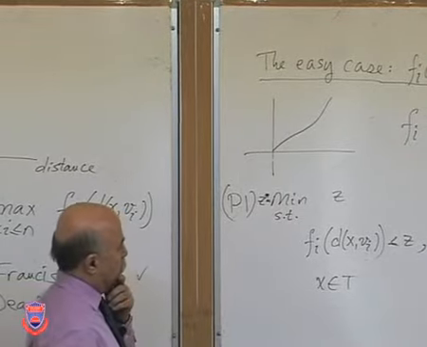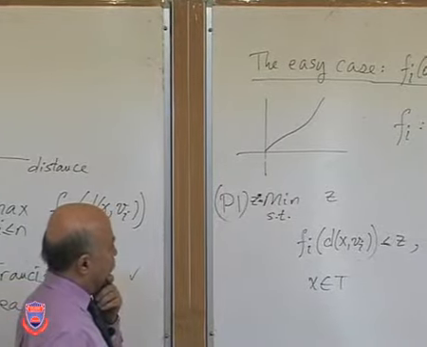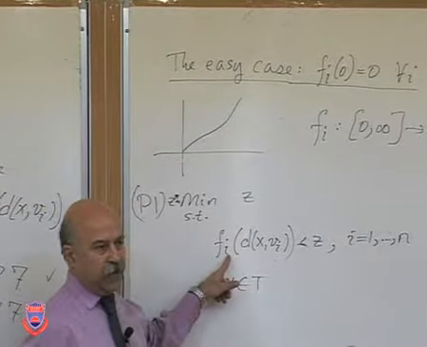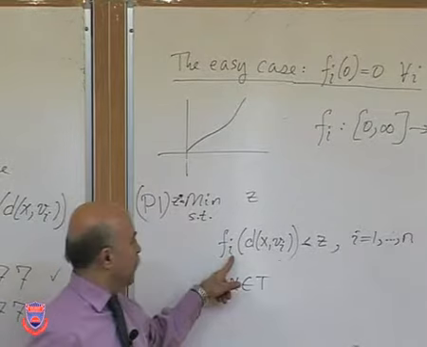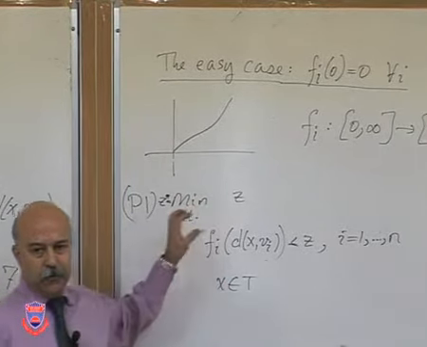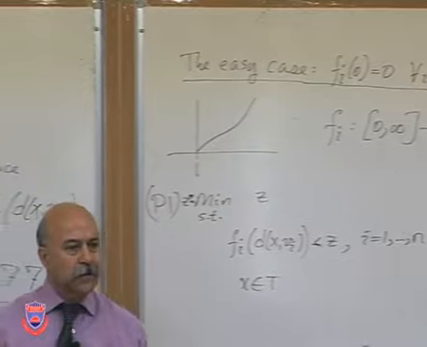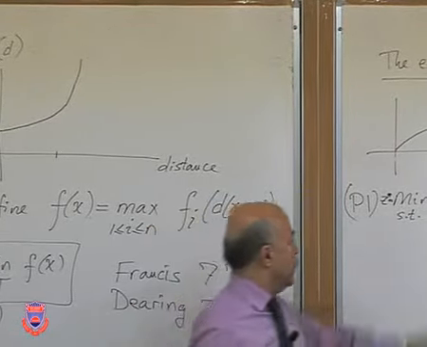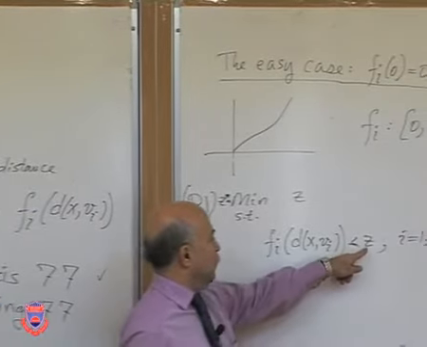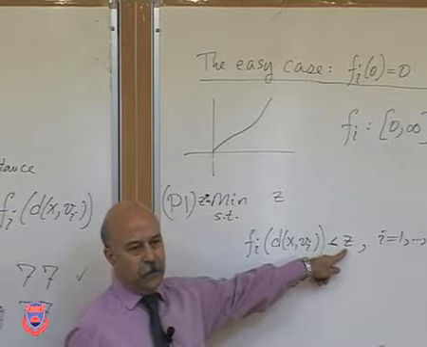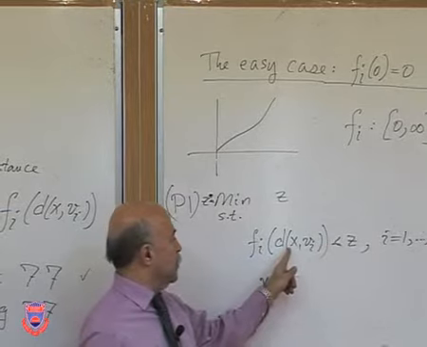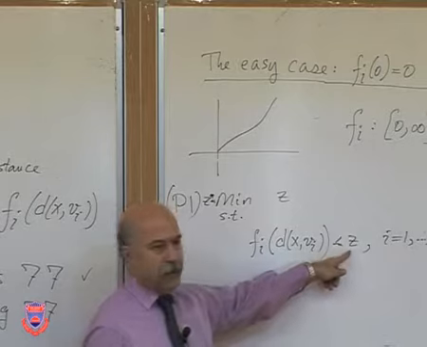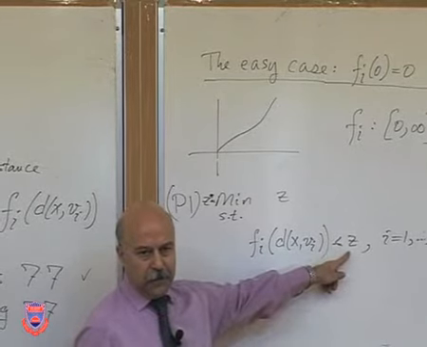Before I go into those things, first of all, how does the continuity assumption on the fi's make sure that there's an optimal solution to this? Anybody see that? When these functions are continuous, for a fixed value of z, you're looking at the set of all points x in the network whose function value is less or equal z.